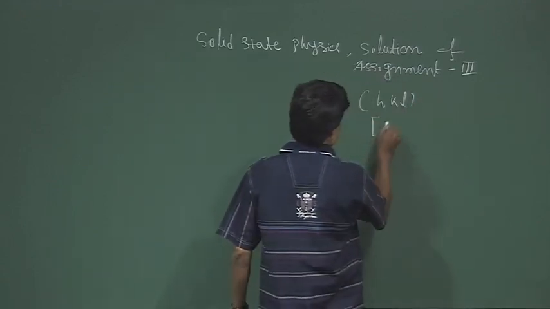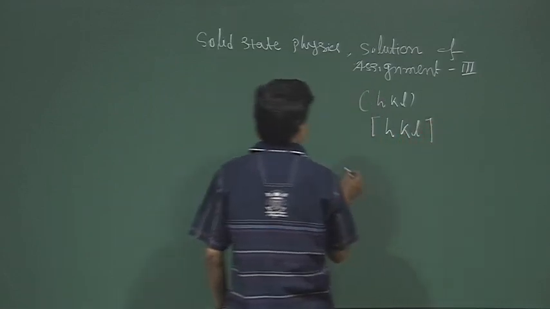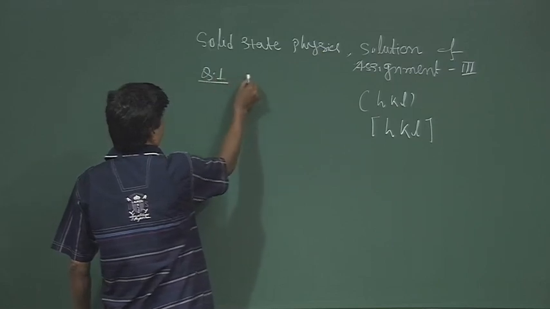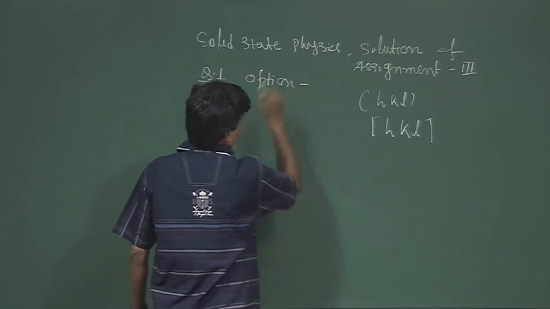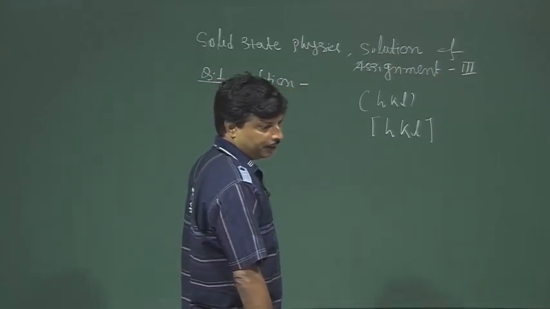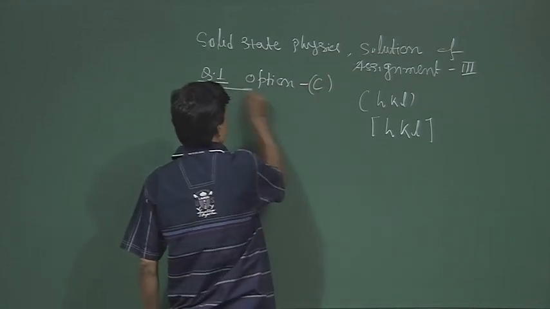So that is H K L. Question 1, its solution is option C, the third bracket, that is HKL in third bracket. So, option C is correct.